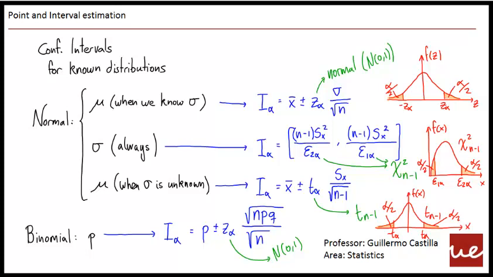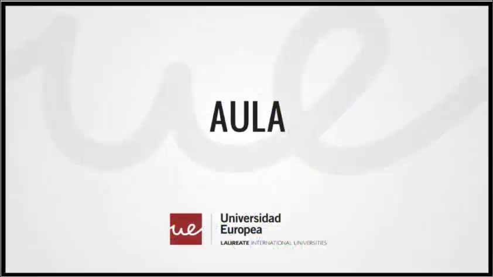But usually the chi-square and the T-Student tables are very, very easy to use, and we get those values very quickly. The moment we actually know how much alpha is, it's just a mere glance. It's very easy to find.